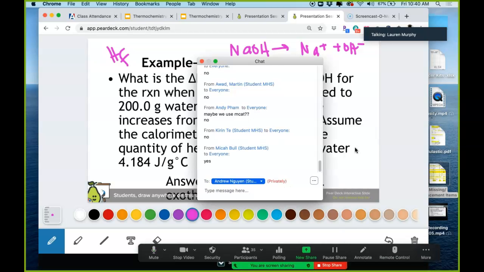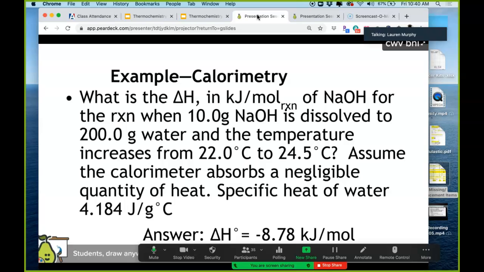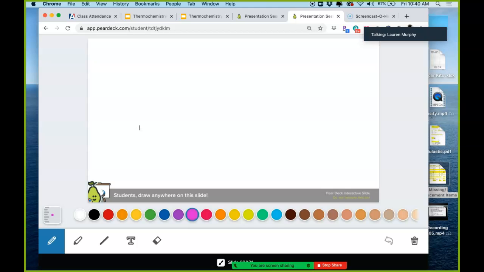Ooh, okay. MCAT. But now here's where you have to be careful. You have to remember that when you're measuring the temperature of a reaction in a lab with a thermometer, you're always measuring the surroundings. So in this instance, we're measuring the surroundings, aka the solution.